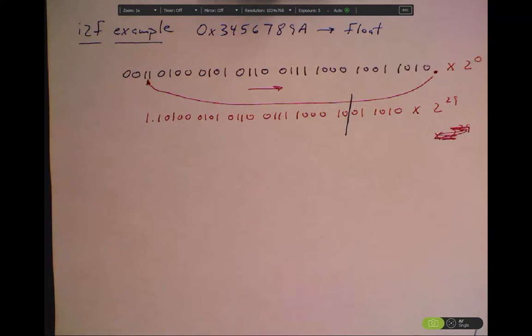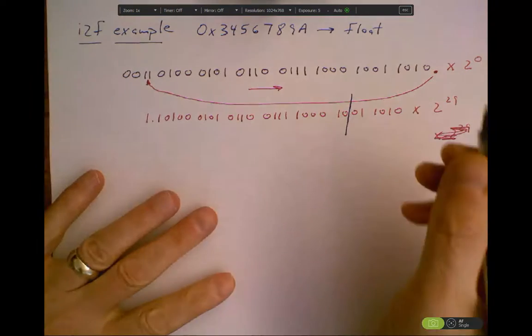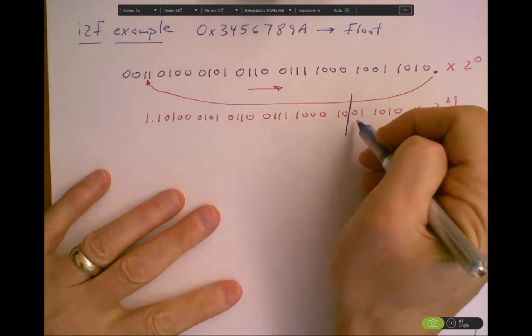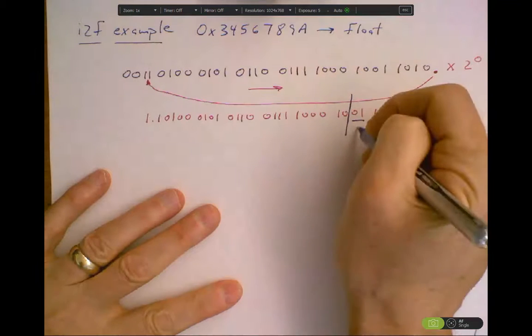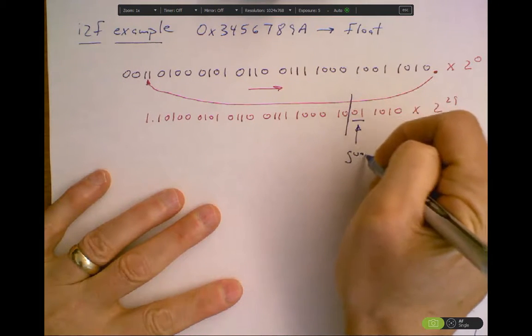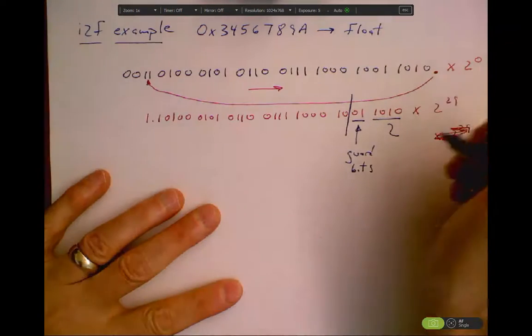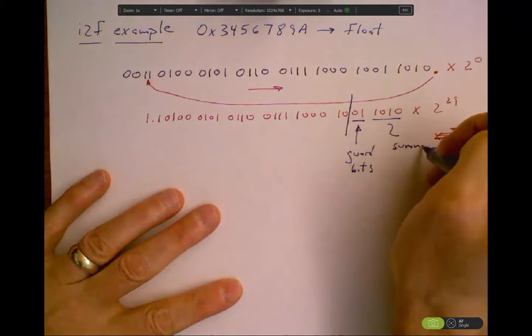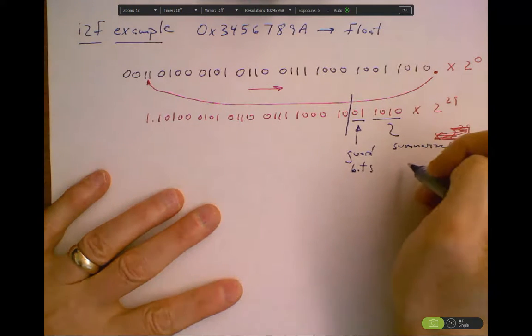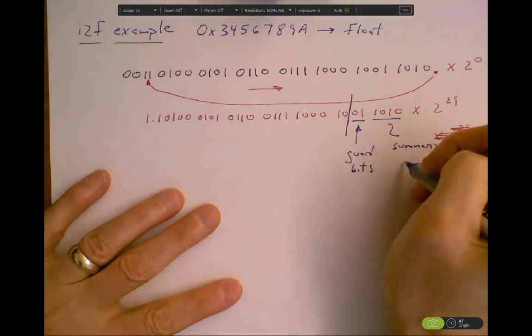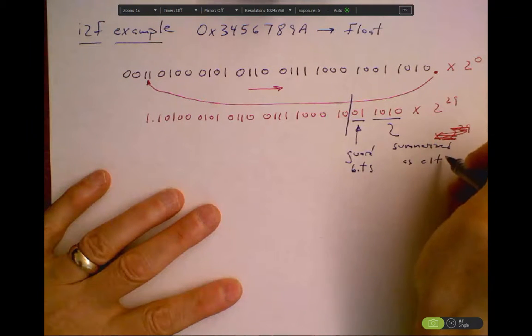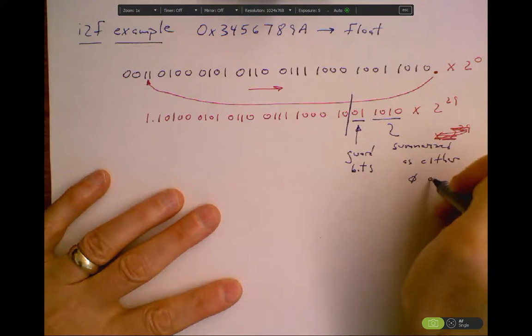Okay. The question is, is that all we do? Do we always just truncate? Well, it turns out in this case, yes, we just truncate. But in general, and I'll have another slide in a second to talk about this, these 2 bits here are called the guard bits. And the rest of the bits that are discarded are summarized as either 0 or 1.